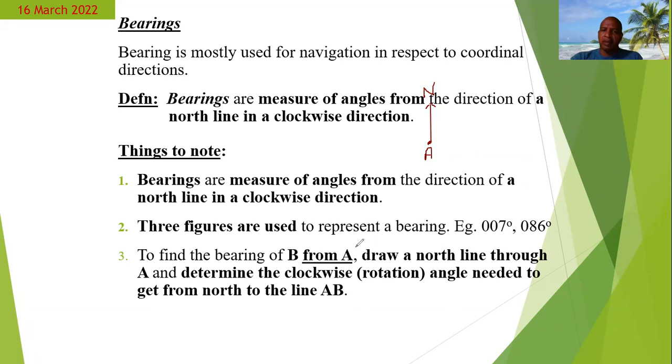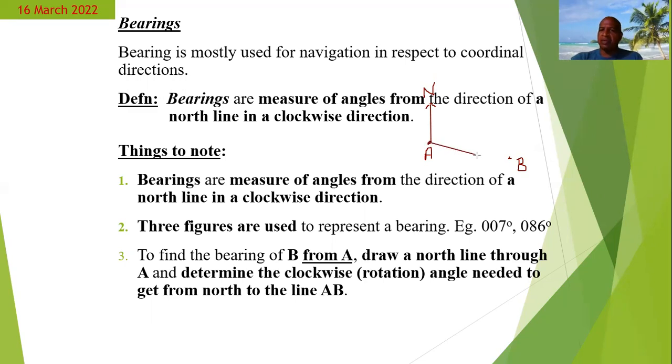Now, remember, you're measuring the bearings, you're finding the bearings of B. So it means that there has to be a point B so that when you connect A to B, you get the line AB. So here B is at this point, then now you have to connect the line from A to B. And so when you do that, now you'll get the line AB.